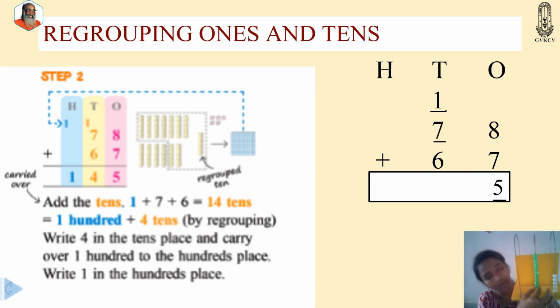Count: 1, 2, 3, 4, 5, 6, 7, 8, 9 and 10. So I'll take it back and add 1 bead in hundreds. See here, hundreds. Now, in 6 we added only 2 beads, right? After 2, 3, 4, 5 and 6.